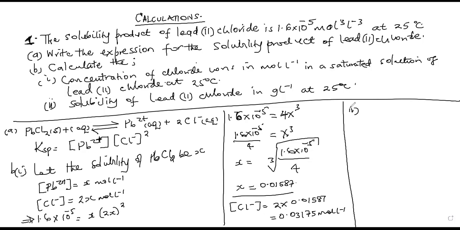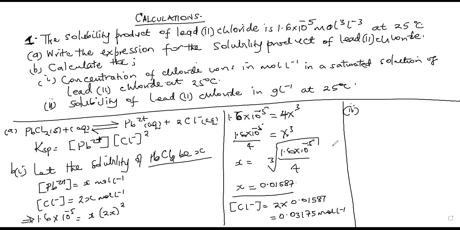Roman 2 talks about the solubility of lead 2 chloride in grams per liter. Remember here you had let the solubility of lead 2 chloride be x, and you got the value of x.